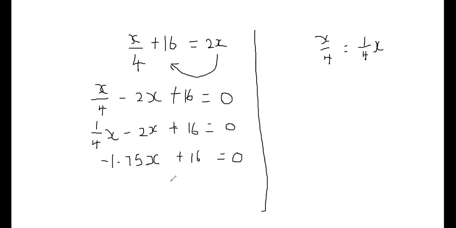So what do we need to take over? The 16 and then the minus 1.75. So let's take over the 16. So we get 0 minus 16, right? Negative 16.